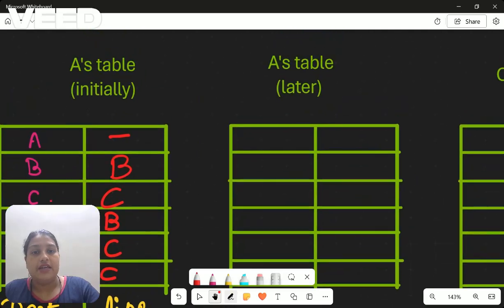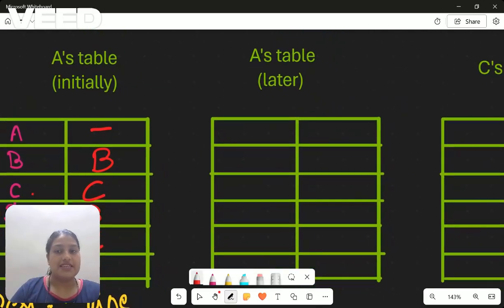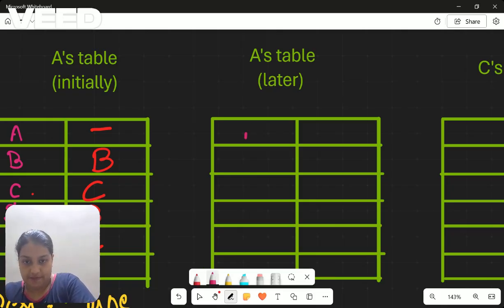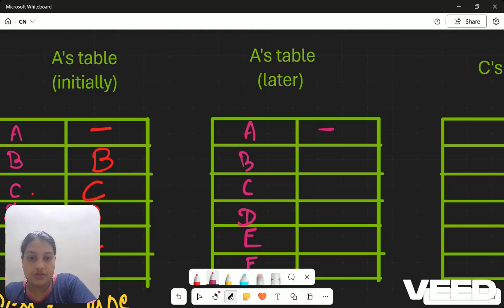Now again coming to this, this is first A stable initially. Now there will be congestion and things, right? Okay. So at that time, how will I write? Again here the destination is the same. A, B, C, D, E, F. Also the A part, the line is nil because there is no other option.